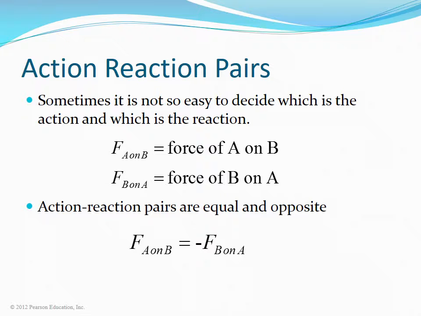Since the action-reaction pairs are equal and opposite, we simply write F of A on B is equal to the negative of F of B on A. The minus sign again indicates the direction of the force. If one force points to the right, the other force points to the left.